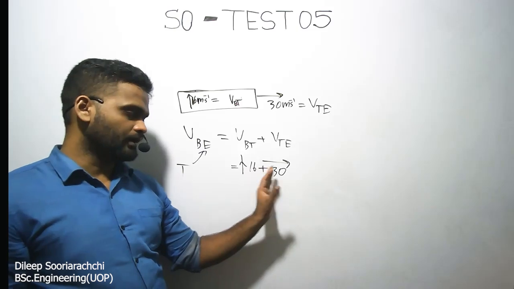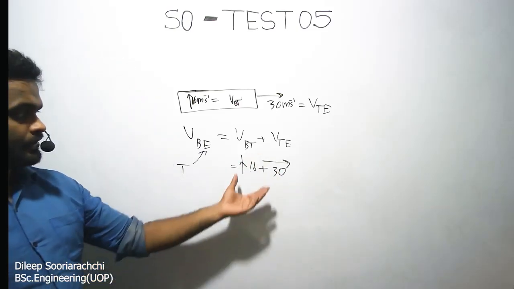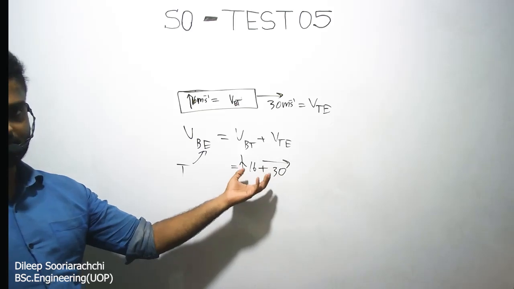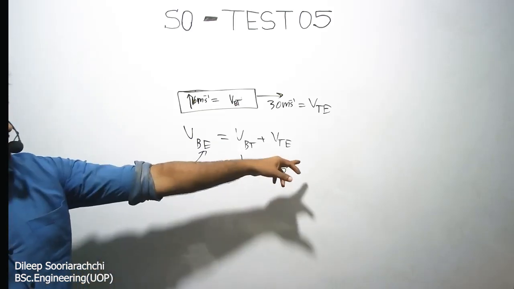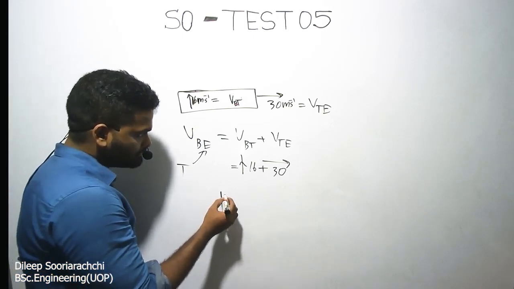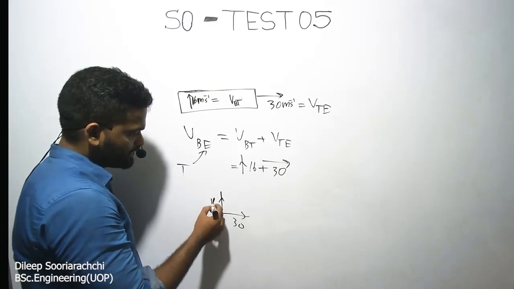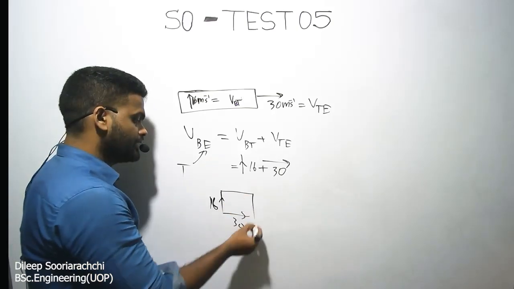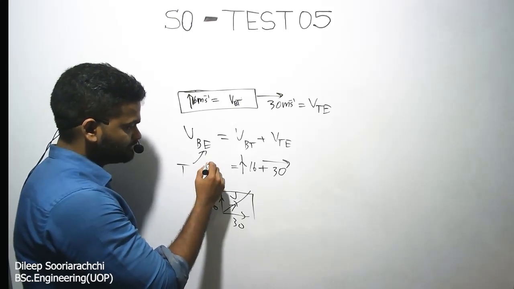So we have two velocity vectors in different sides, and you have to find the resultant of these two. 16, then the other side 30. Just draw a parallelogram: 30 to this side, 16 to this side. Then the diagonal gives us the value of VBE.